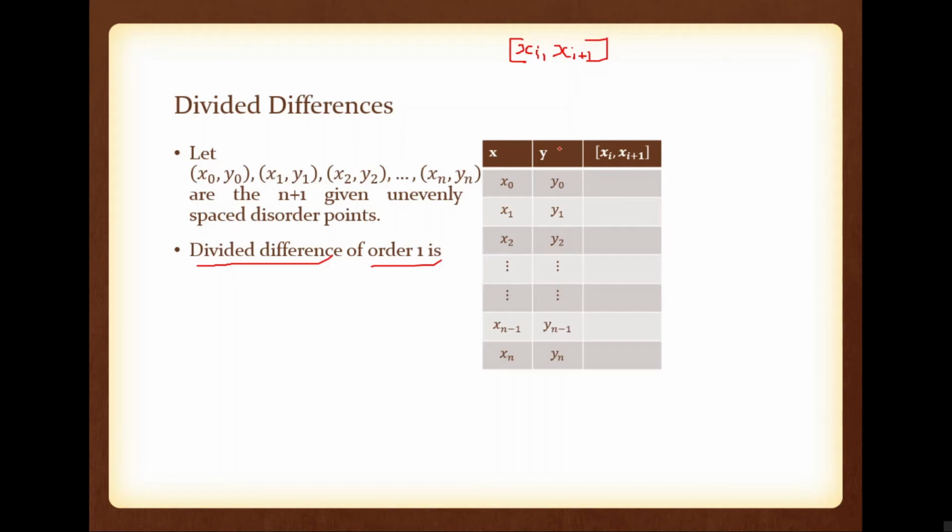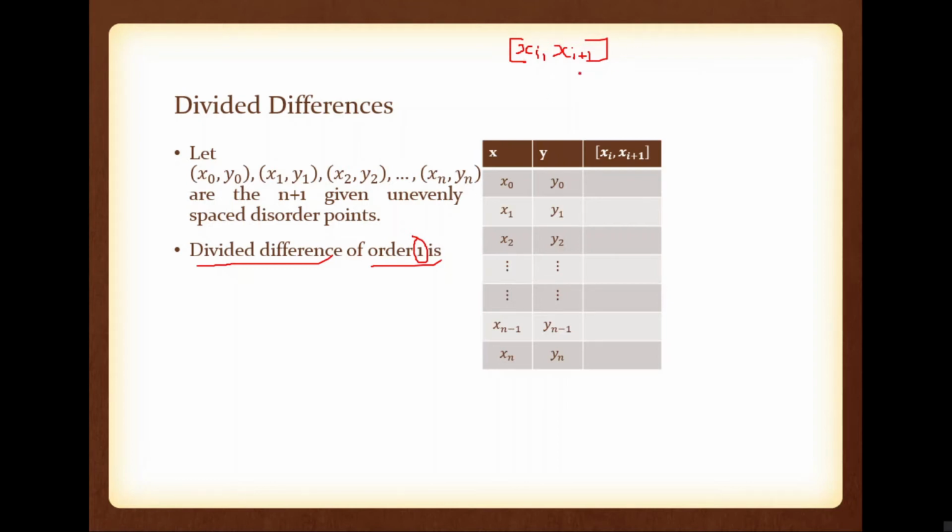Okay. So how many elements are there if it is a divided difference of order 2? How many elements will be there? Please note if it is order 1, then two adjacent elements are there inside the square bracket. If it is order 2, then three adjacent elements are there inside the square bracket.